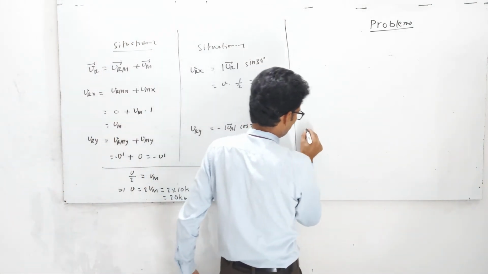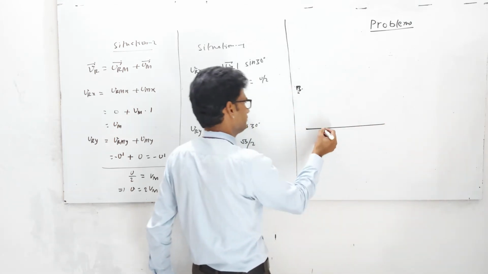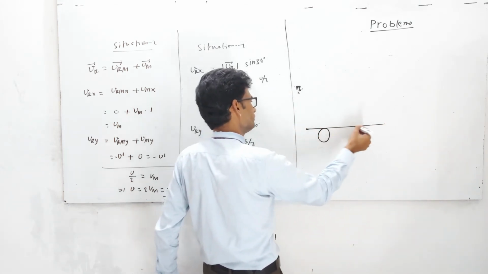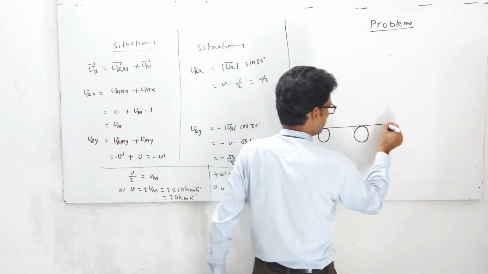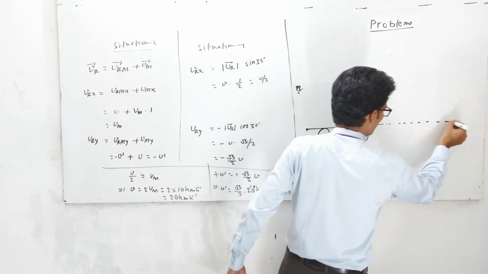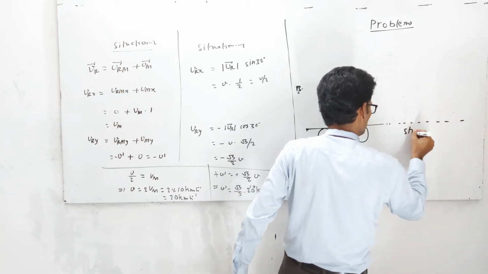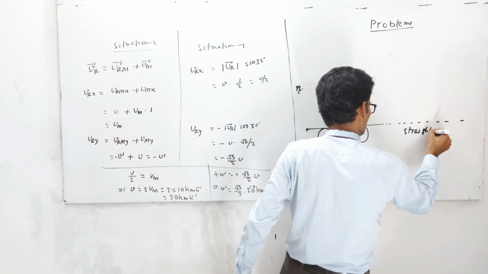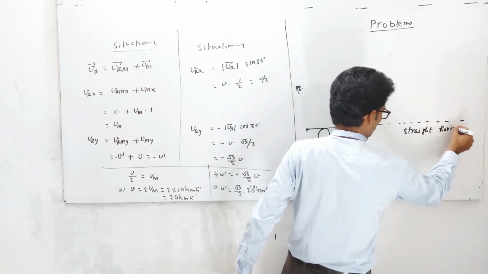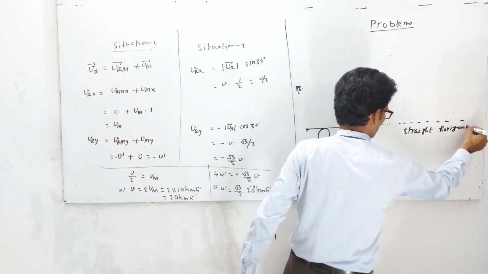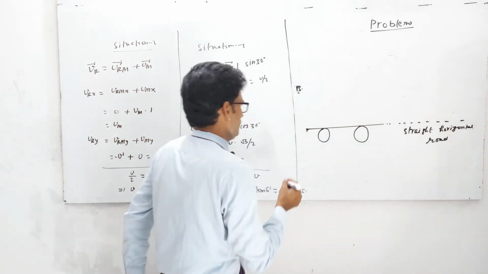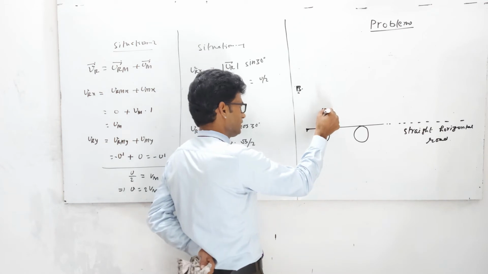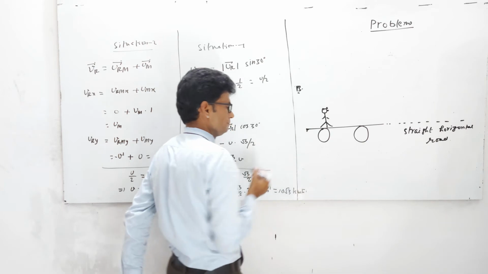We have a truck moving on a straight horizontal road, and a person is standing on the truck.